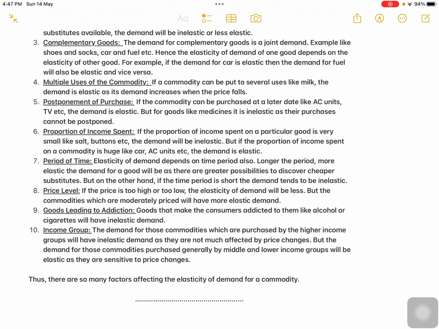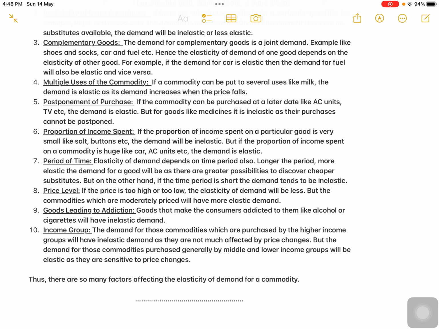But if the proportion of income spent on a commodity is huge, like car, AC units, etc., the demand is elastic, because cars and AC units already take too much of our income. On top of it, if the price of cars and AC units increases, then we will think twice, maybe we will postpone. This comes under postponement of purchase. We will think twice, let us postpone the purchase, let us wait for the price to fall.